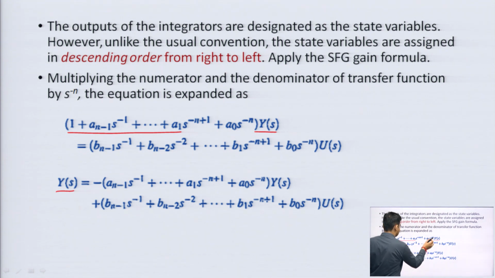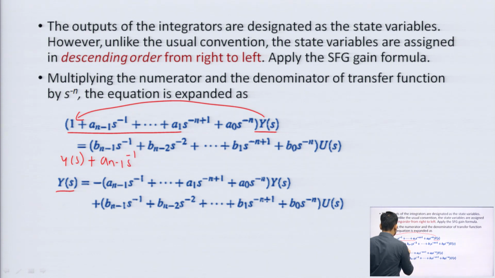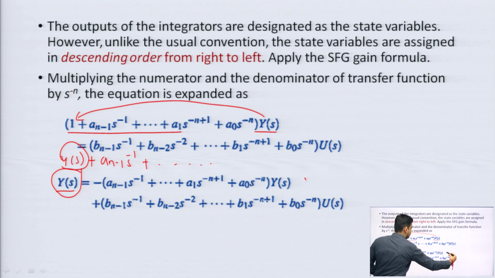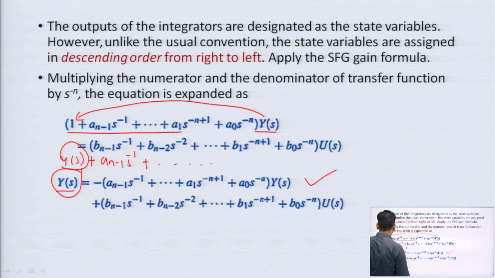I multiply Y(s) with the whole expression, so I get Y(s) plus a(n-1) s inverse plus and so on. I keep this Y(s) on the LHS and the remaining variables on the RHS, and this expression forms.